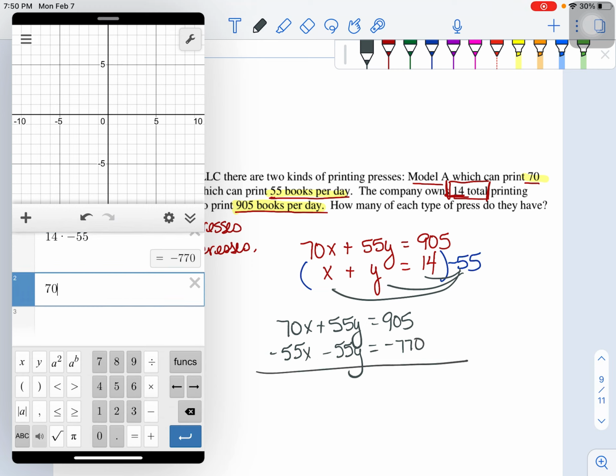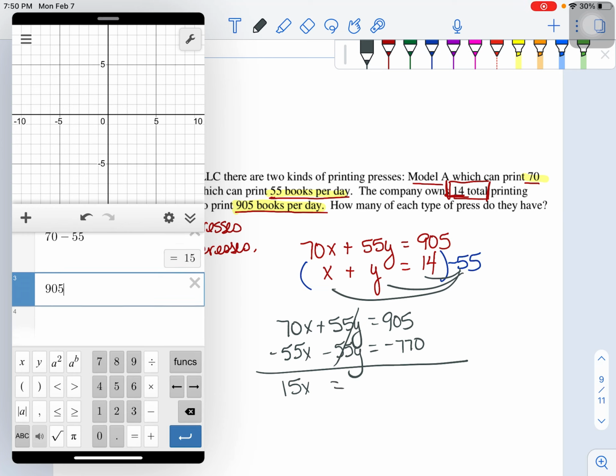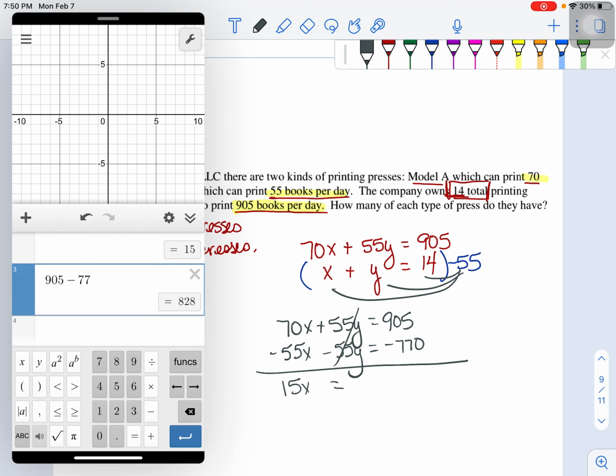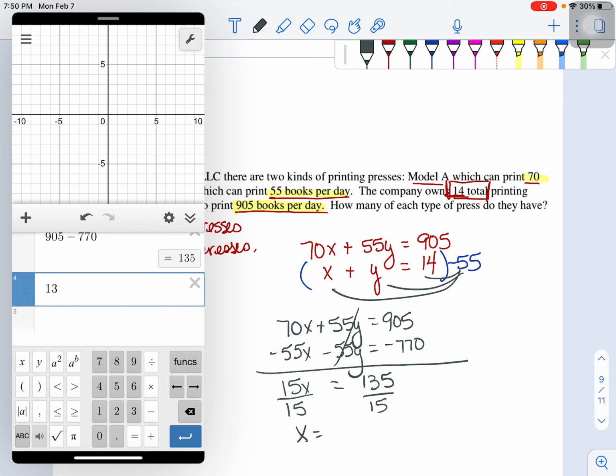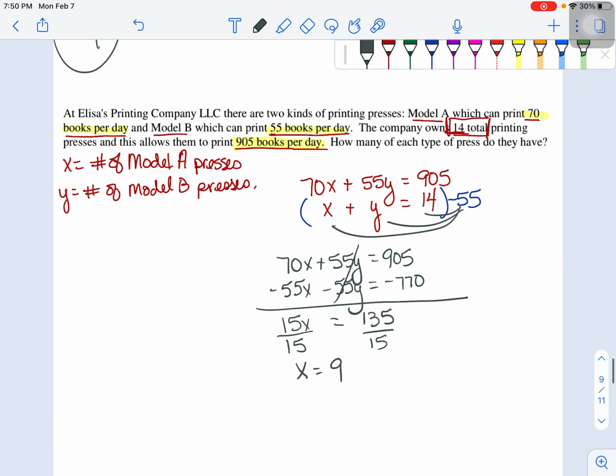Now we're going to add down. So we got 70 minus 55 is 15x. The y's cancel. And then we got 905 minus 770, and that's 135. And we'll divide by 15. So x equals 9. So they have 9 Model A presses. Now we just need to find the y.